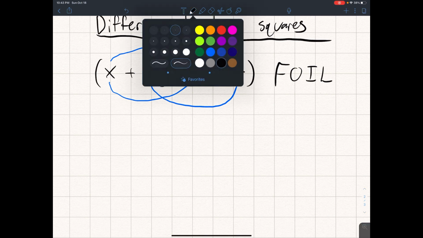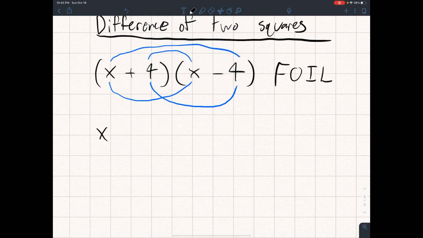If I put all those together, first, x squared, plus outer, negative 4 times x, is minus 4x. Inner is positive 4x, and then last is positive 4 times negative 4, which gives me negative 16.